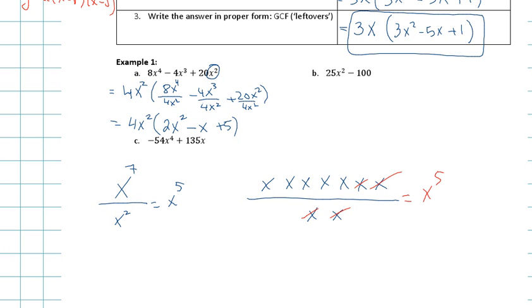When you're multiplying them, they become x to the power of 5. So you see, it's the same thing as doing this. Right? So it's the same thing as subtracting your exponent. Because 7 minus 2 gives me 5. Okay? Because I had 7, got rid of 2, I'm left with 5.